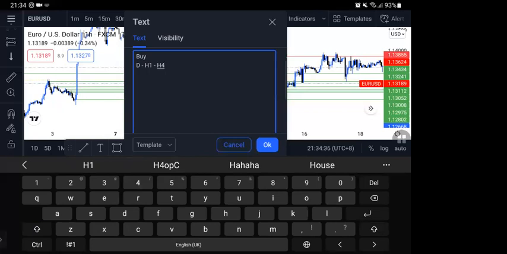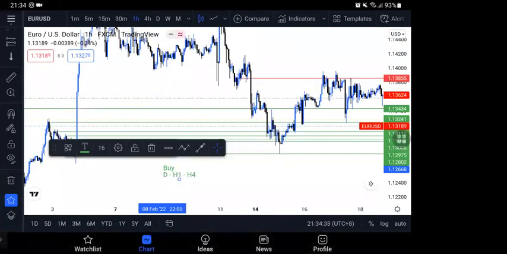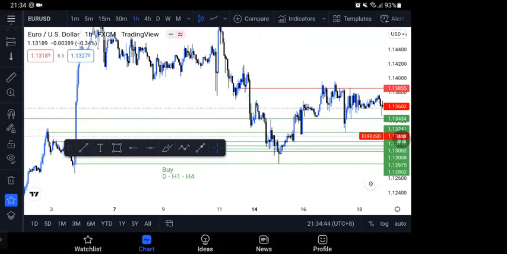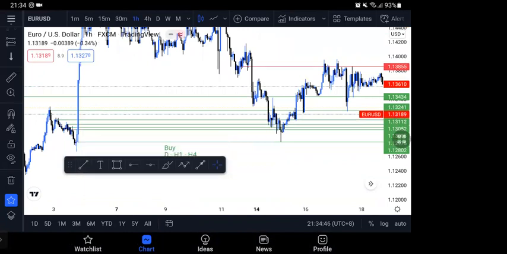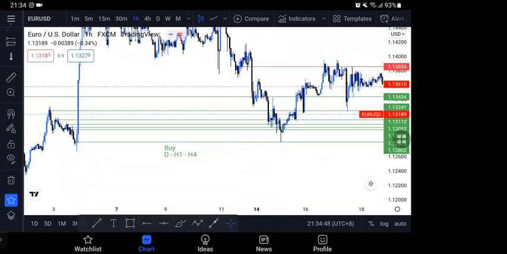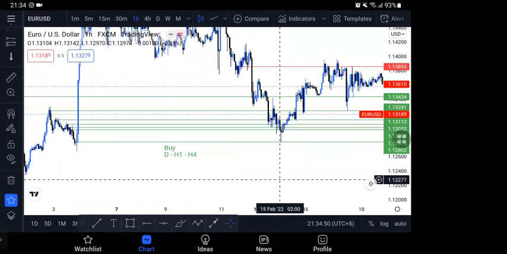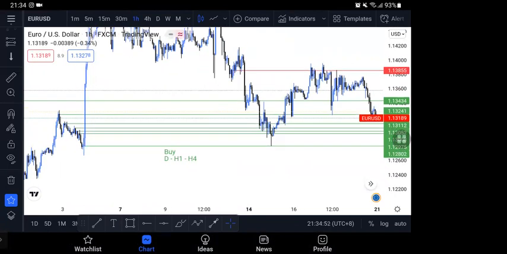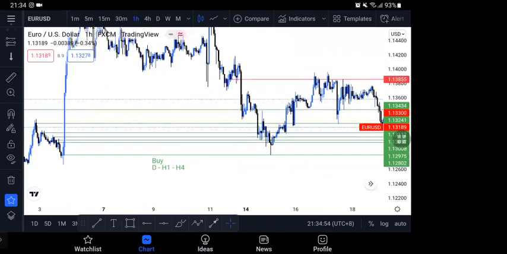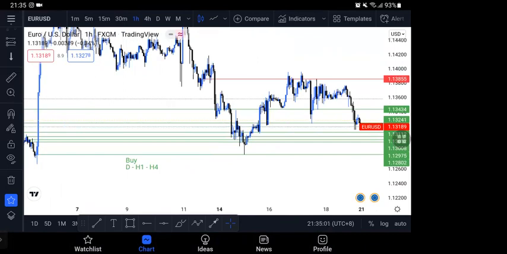So gonna just put this so we don't get confused. So for the buy time frame order, we already made it clear. So for the sell, gonna put the text first.